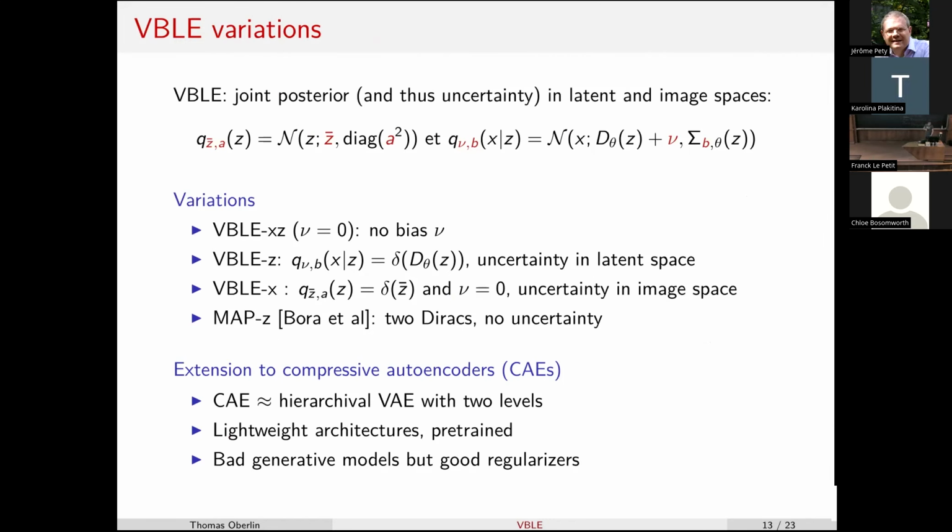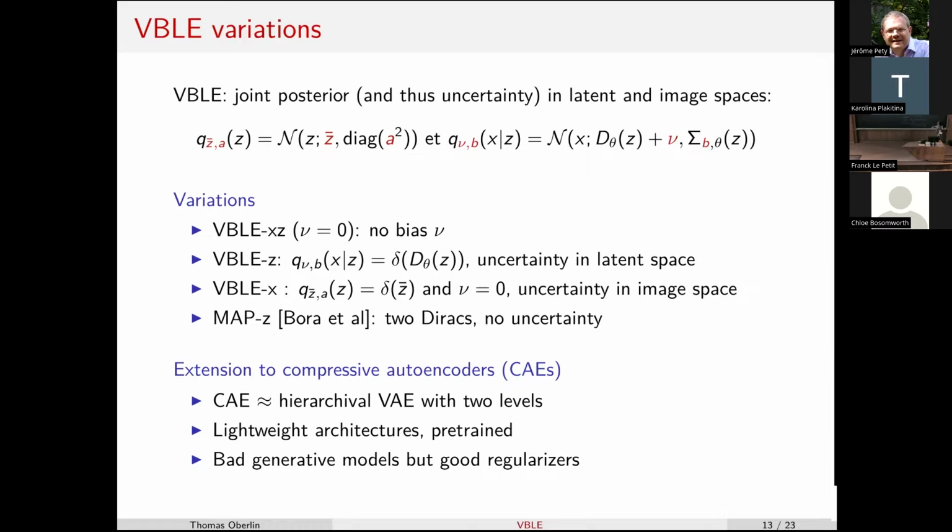Okay, so there are different variations around this VBLE method. So here I recall the full variational distribution. And we can simplify it first by considering nu equals 0. But it's also possible to assume that this part of the variational distribution is a Dirac.